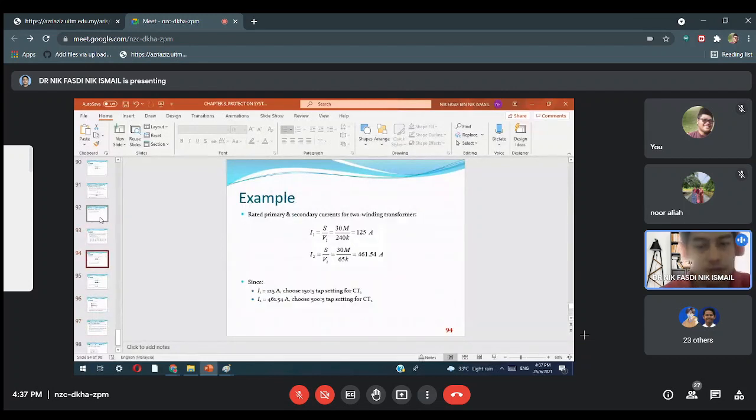Right, the primary current is S over V1, and the concept is the same for I2. So we have 61.5 ampere and 54 ampere for I1 and I2. Since I1 is 1 to 5 ampere, choose as before.